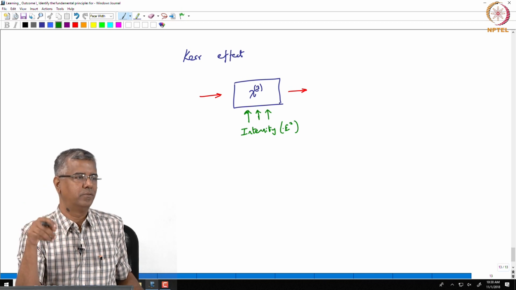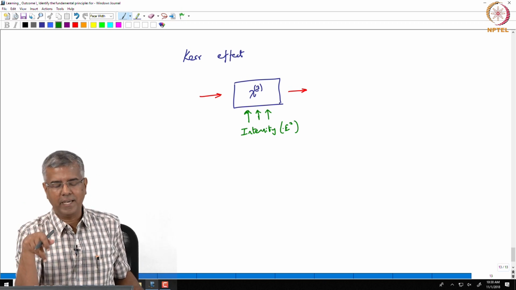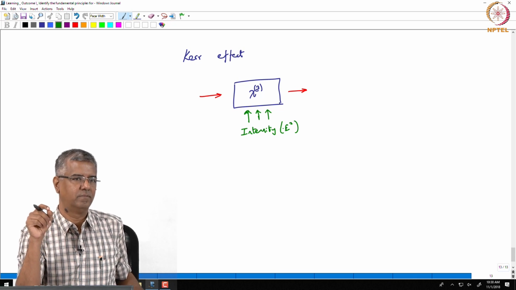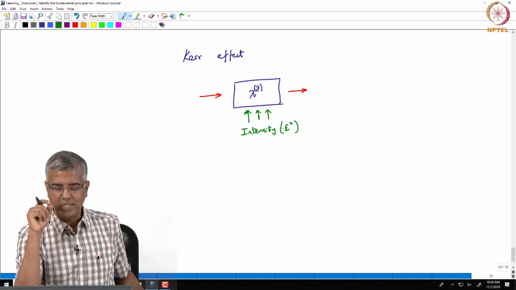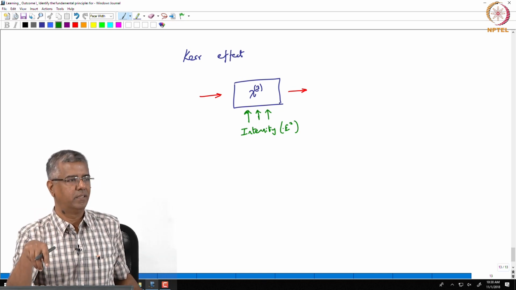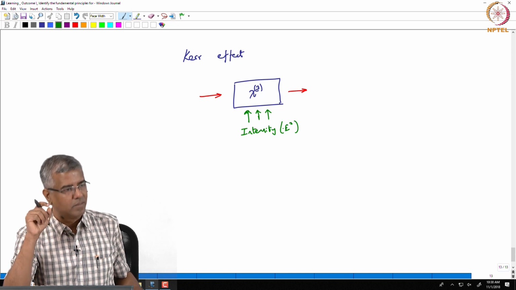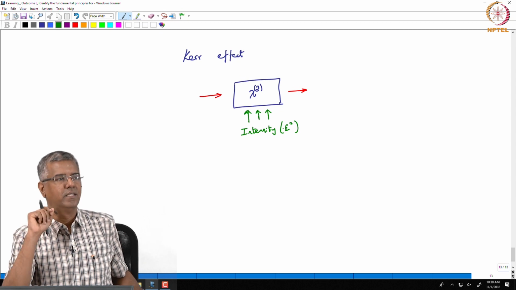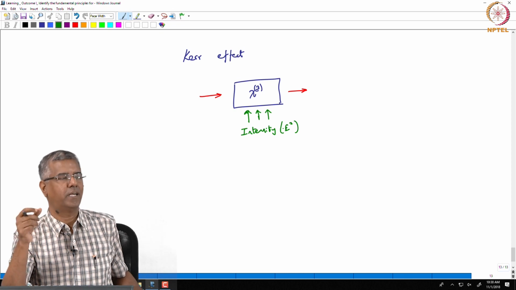Here you do not have those constraints. I can actually come in with a femtosecond pulse, right, and I can modify the refractive index of the medium within that femtosecond. For that time duration, the refractive index is different.